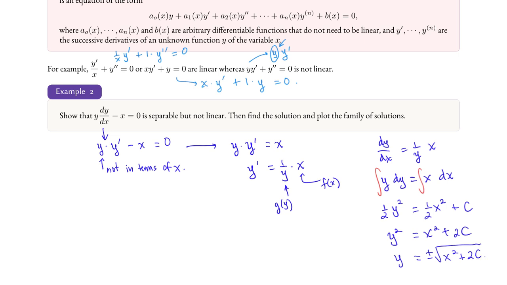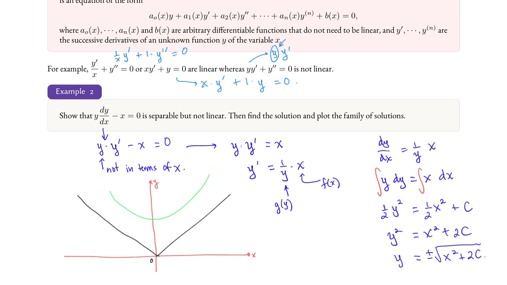This is the general solution. We see that when c is 0, then y is plus or minus the square root of x squared, which is plus or minus x. As c varies, we will end up with many different curves.